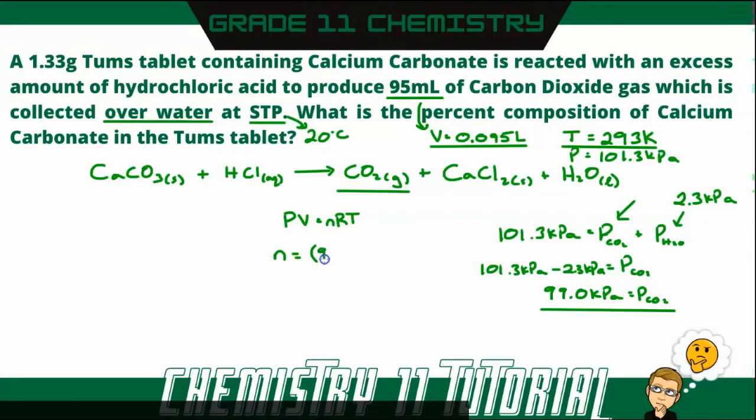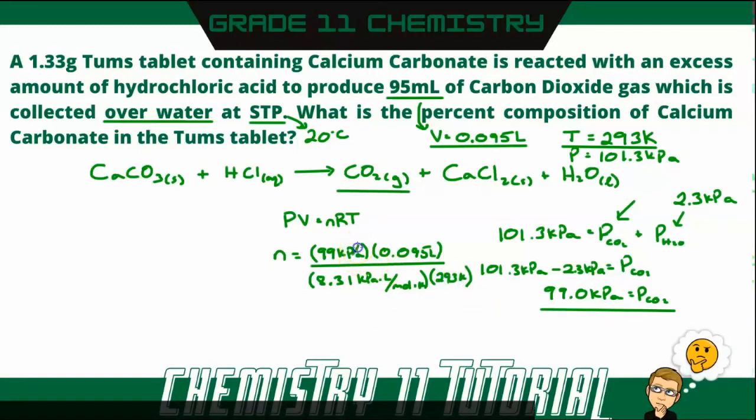So pressure is 99 kilopascals times volume 0.095 liters, all over our gas constant, which is 8.31 kilopascals liters over moles Kelvin, all times our temperature, which is 293 Kelvin.